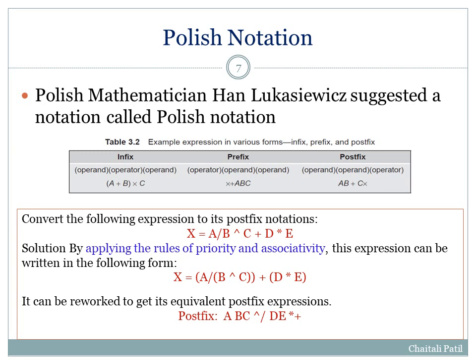This table is showing the various forms of Polish notation. So, first is our normal, that is infix expression. In infix expression, the operator is in between two operands. This infix expression can be converted into a prefix expression and a postfix expression.